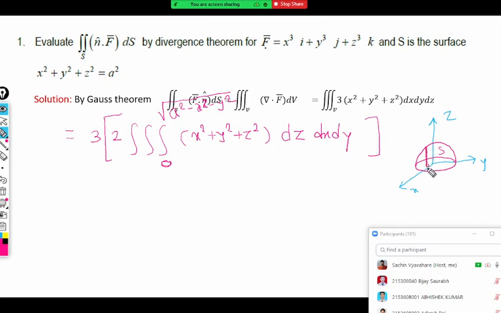This is in the xy plane, so in the xy plane z is 0, and the upper side of z is the square root of a square minus x square minus y square. So this way we got the limit, and now we will proceed.